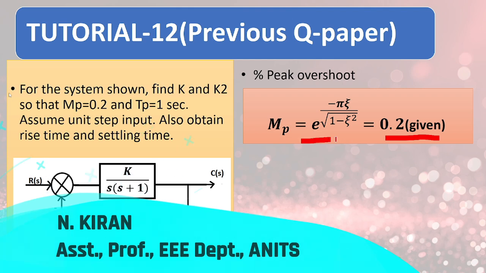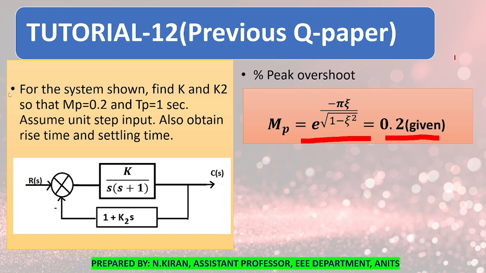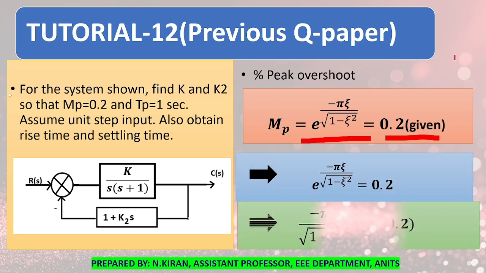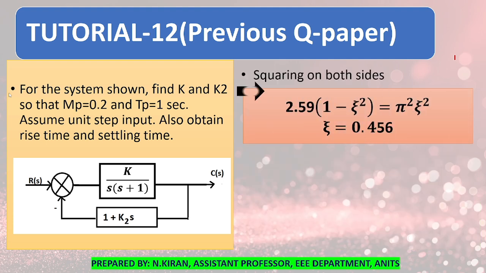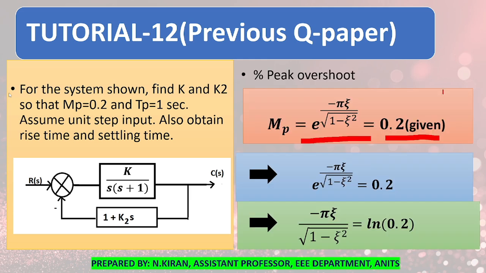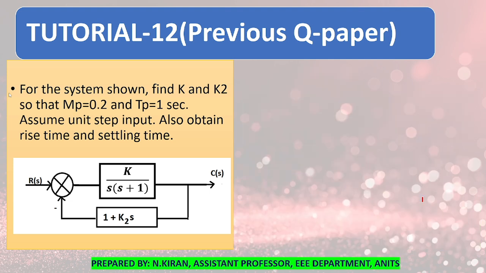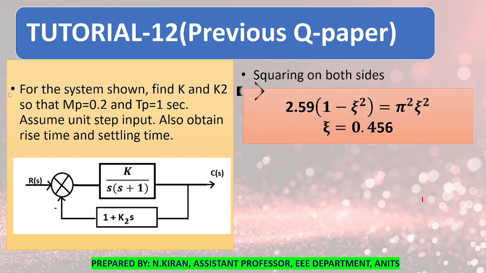We know the formula, it is e power minus pi zeta by root over 1 minus zeta square. Okay, so taking natural logarithms on both sides, from that I will get the value of damping ratio. So here after applying the natural logarithms, we again need to cross multiply and square on both sides. That will lead my damping ratio value to be 0.456.